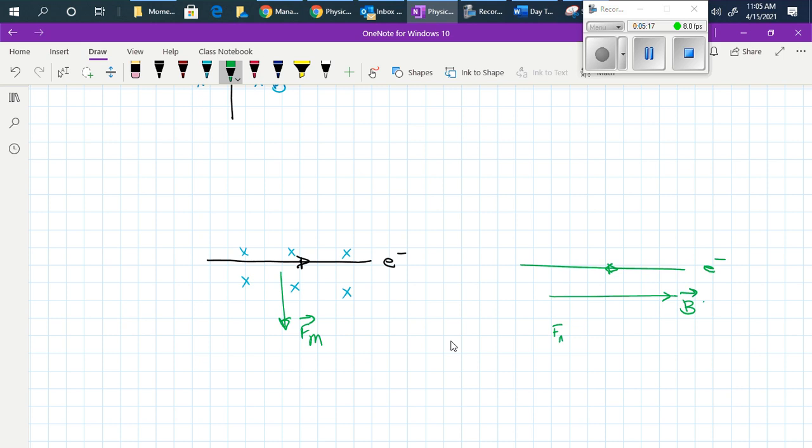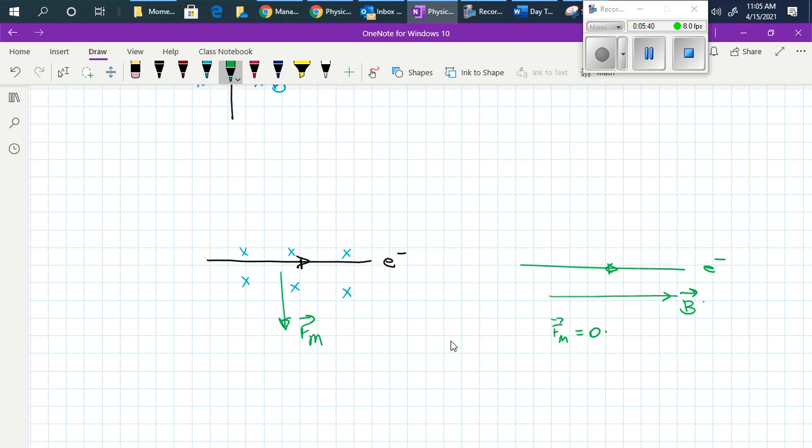Then the magnetic force is equal to 0. There is no magnetic force that they will experience. Okay, so the magnetic force, velocity, and the external magnetic field are all mutually perpendicular to each other.